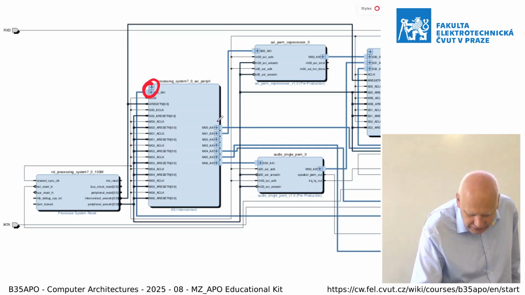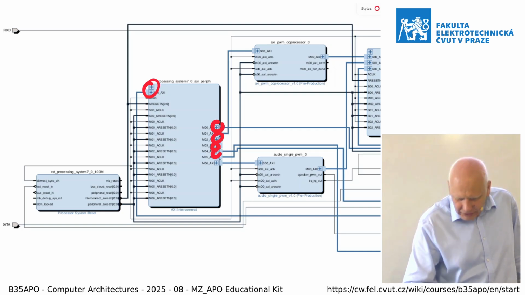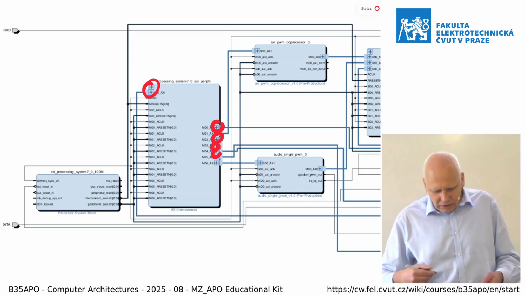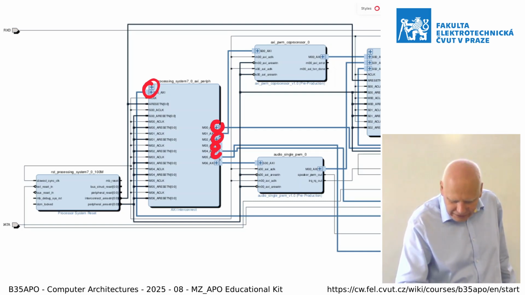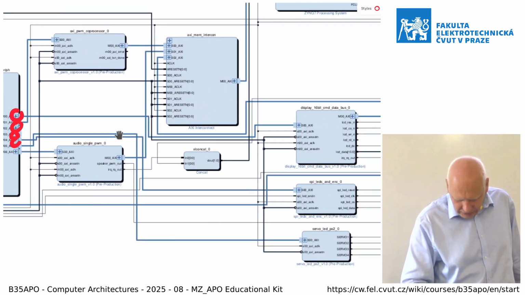So there are slave interfaces for the individual peripherals, and for example, if we want to flash our LEDs, then we need to go to this SPI LEDs and encoders.